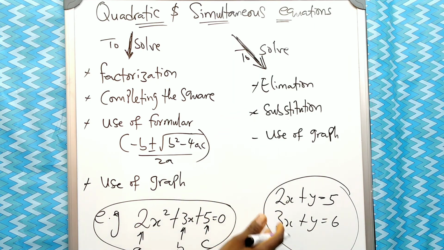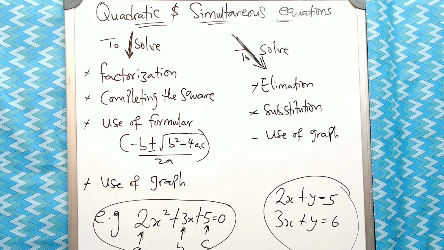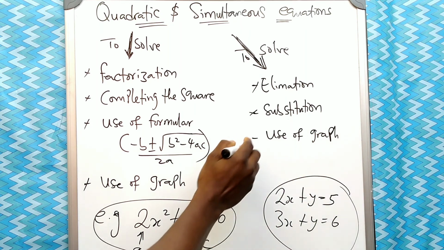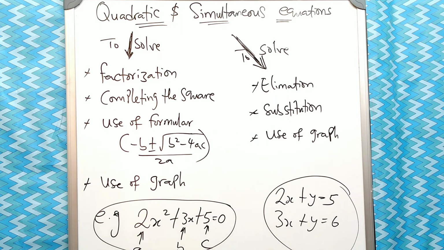In the substitution method, we make one of the unknowns the subject of the formula. Then we substitute it into the second equation. And we can also make use of a graph to solve simultaneous equations. All right, now we will go into some questions which we're going to solve, and we believe you are going to learn more today.